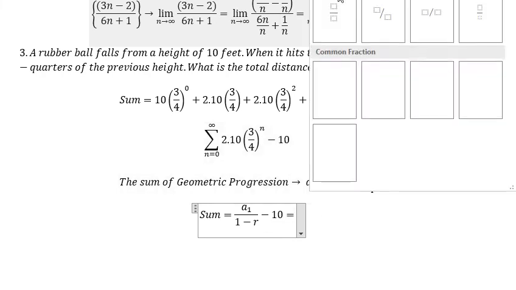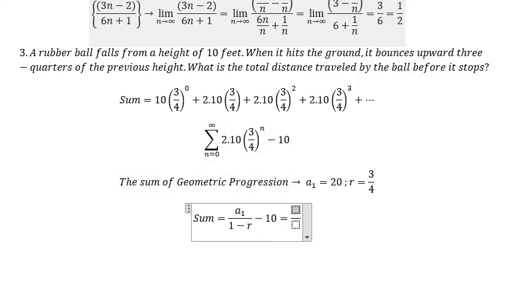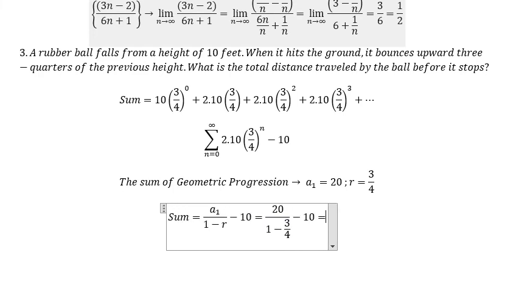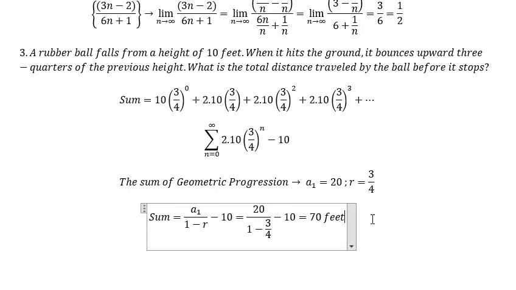And we will get about 20 over 1 minus 3/4 minus 10. And we got the final answer, about 70 feet. And this is the final answer.